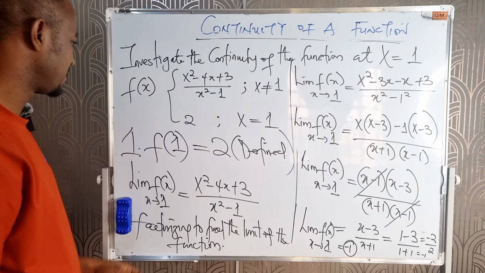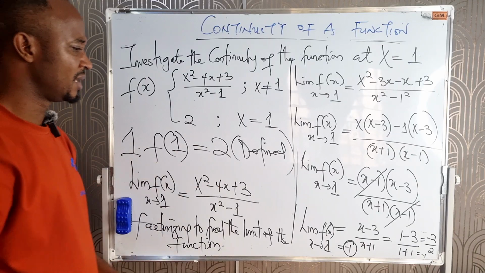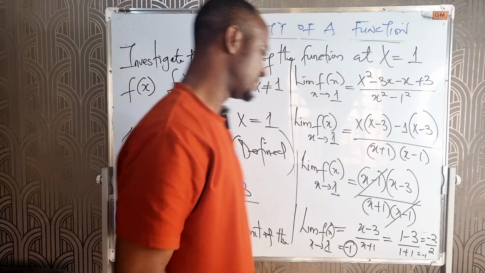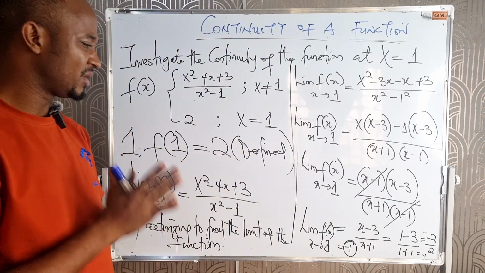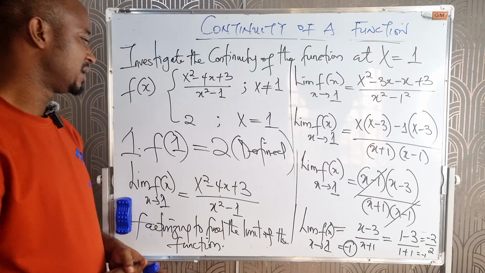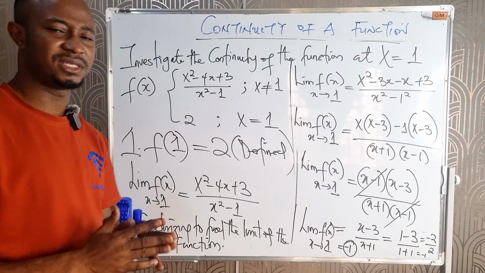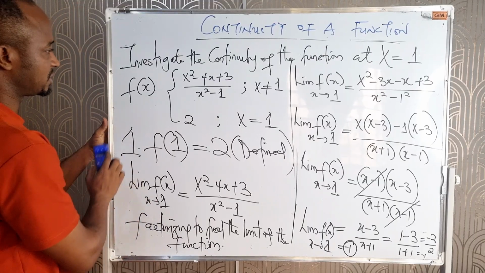But let's verify. Our f of 1 is defined as 2. Our limit is minus 1. Are they the same? No. Since f of 1 is not equal to the limit of f of x as x approaches 1, therefore the function is not continuous at x equals 1.